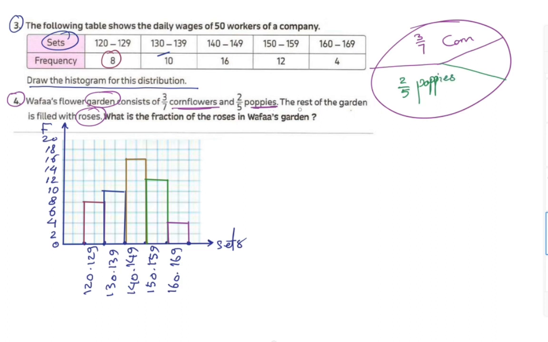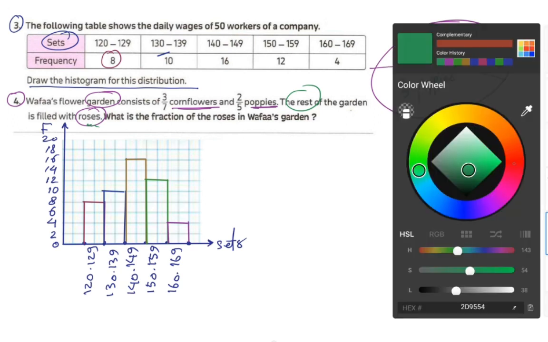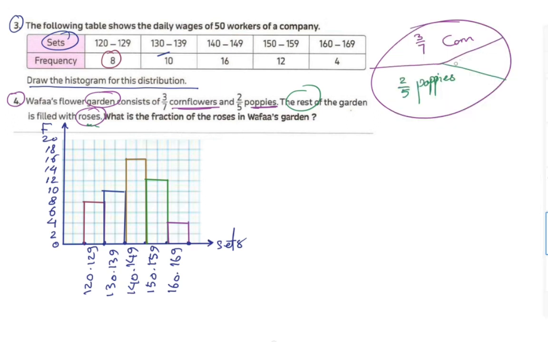Now, the rest of the garden is filled with roses, and I need to find the fraction of roses. Note with me, where are the roses? This part is for the roses. It says the rest of the garden. The rest of the garden is this part. How to find the fraction of this part?